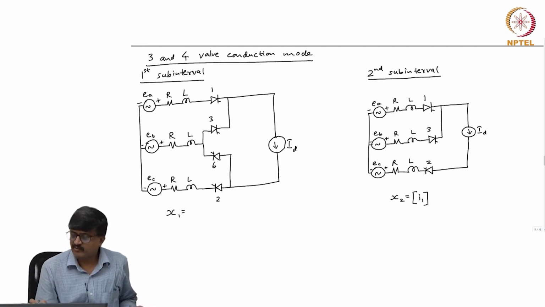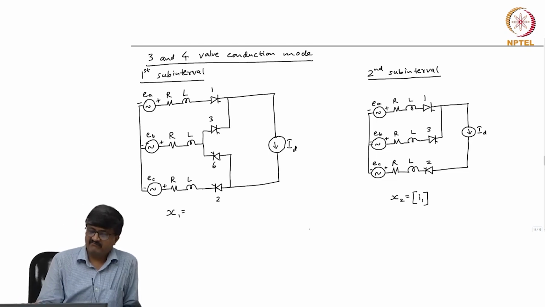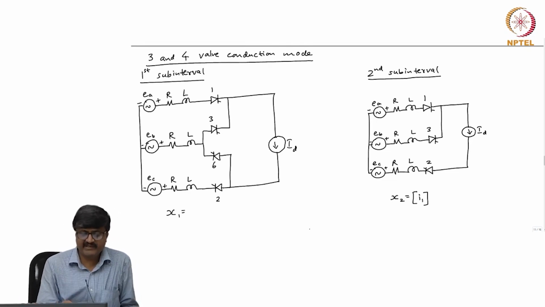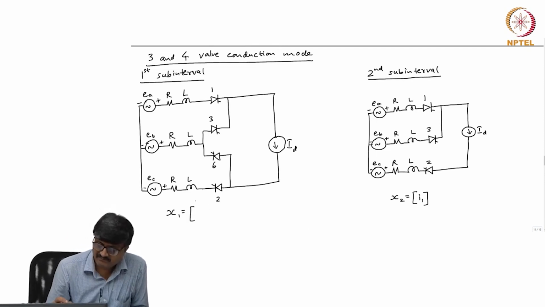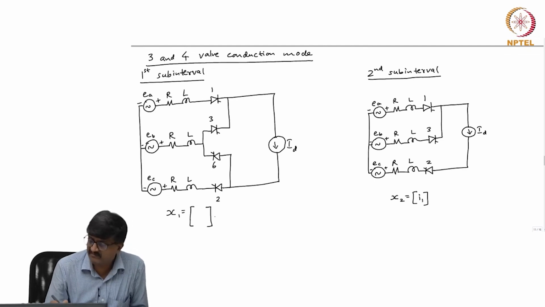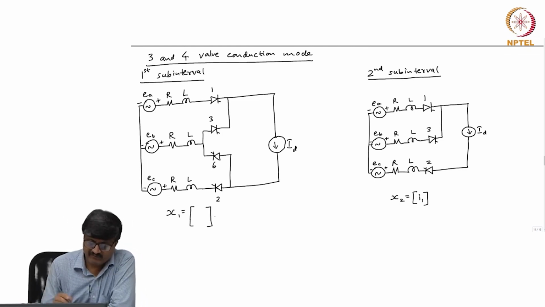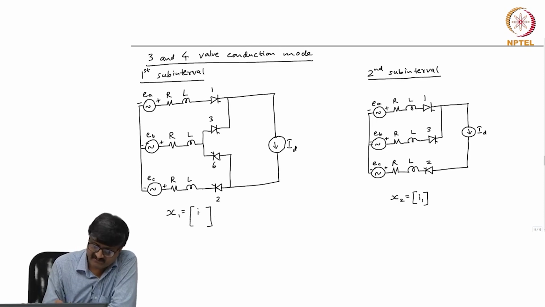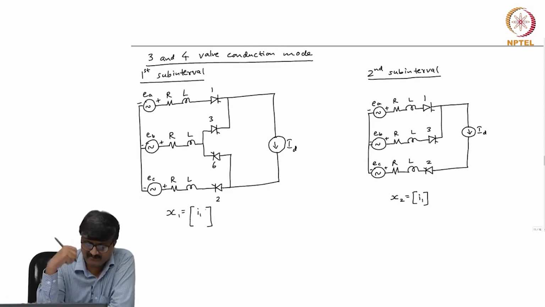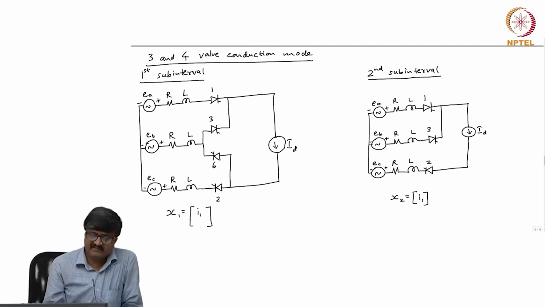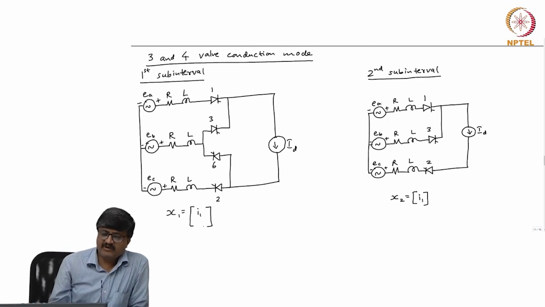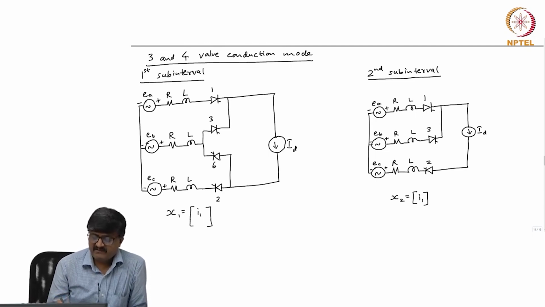Now, if x 2 has an element I 1, that element should be there even in x 1. So, the elements of x 2 will appear in x 1. So, I 1 is there, but there will be one more element, the last element, which is not an element of x 2, and that element is nothing but the current through the outgoing valve. In this case the outgoing valve is valve 6.